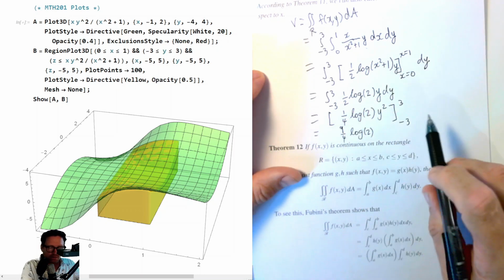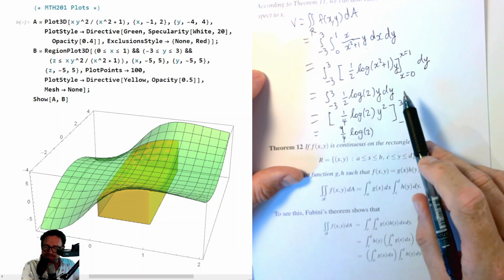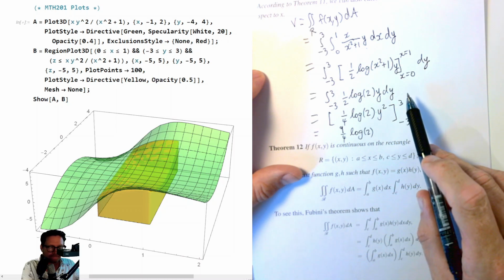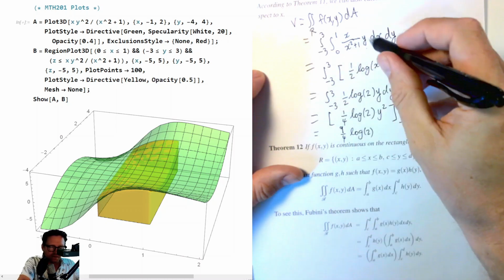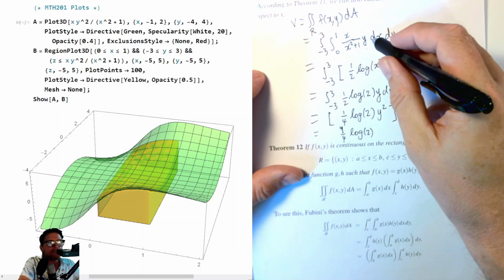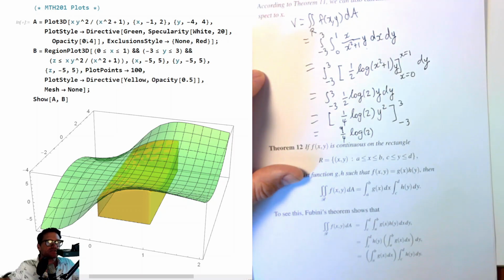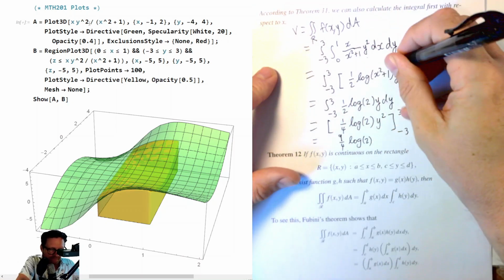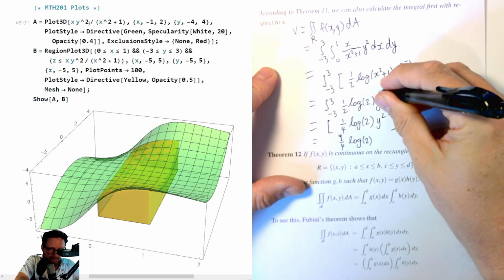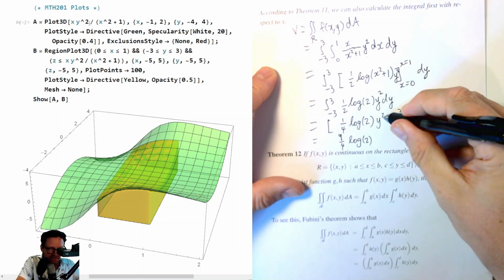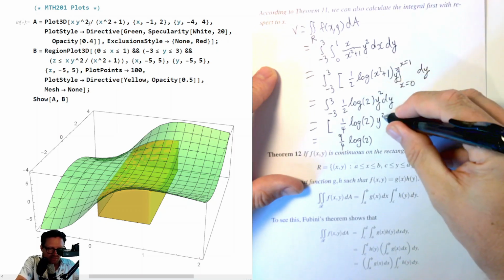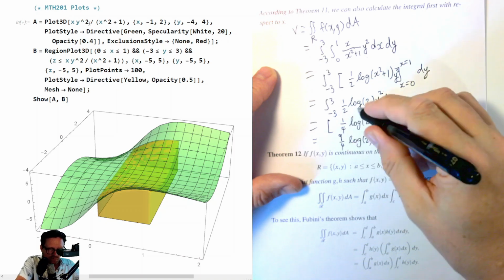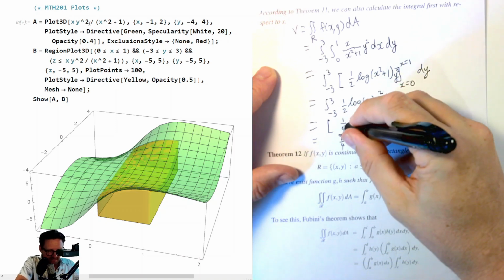And then, oh, hang on. That was always a y squared, wasn't it? Yeah, if I look at this function, that was always a y squared. So I'm not just missing a single y. There were 2 y's in there. So this is actually, that integral of y squared is y cubed, and it's not over 4, it's over 6.